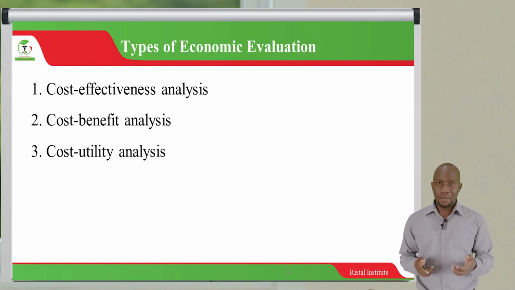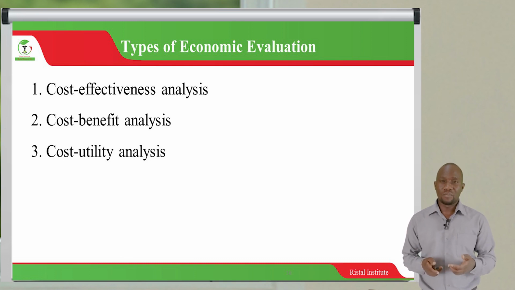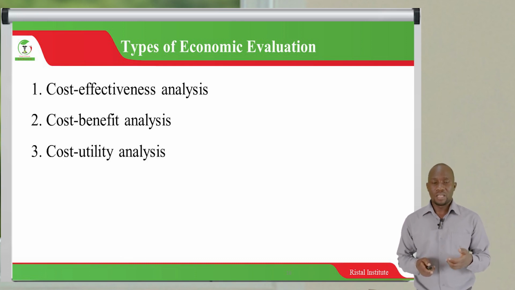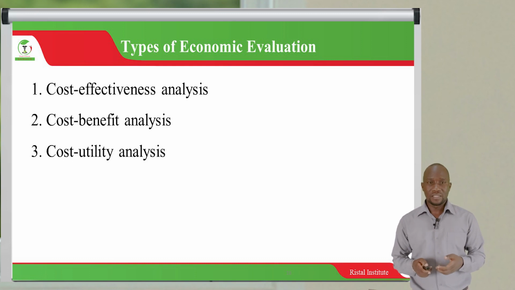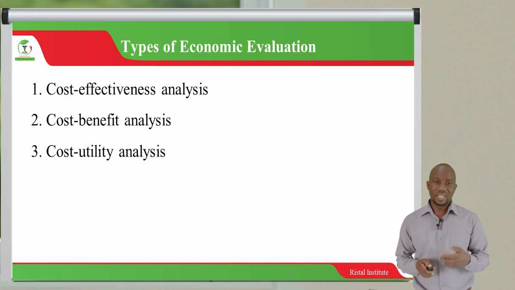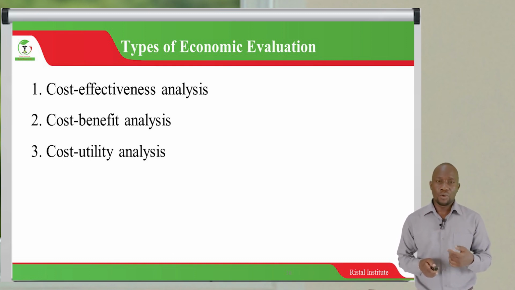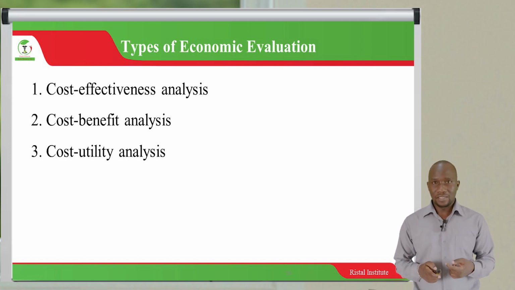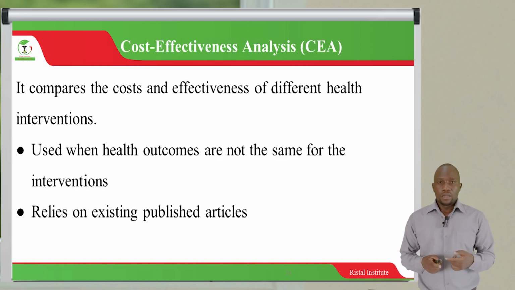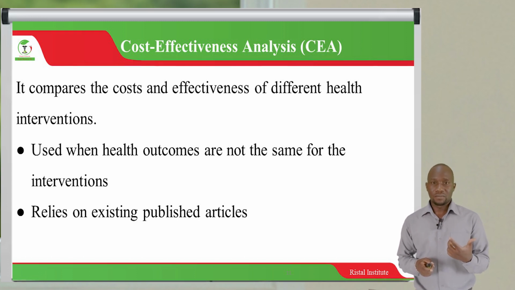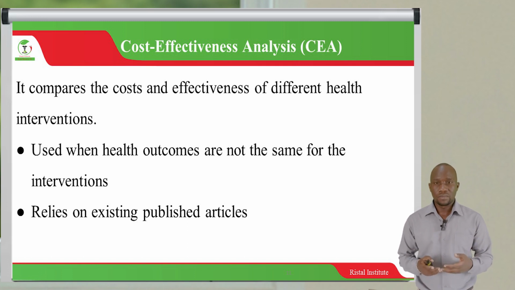We have majorly three types of economic evaluations. We have the cost-effectiveness analysis, we have cost-benefit analysis, and then also cost-utility analysis. We are going to look at each of these. Cost-effectiveness analysis basically compares the cost and effectiveness of health interventions.